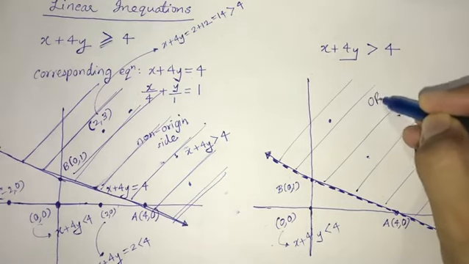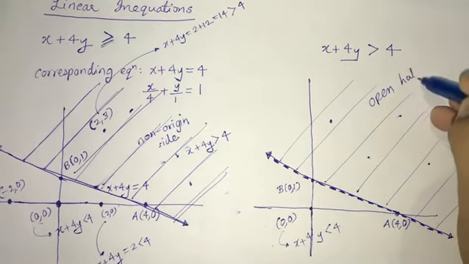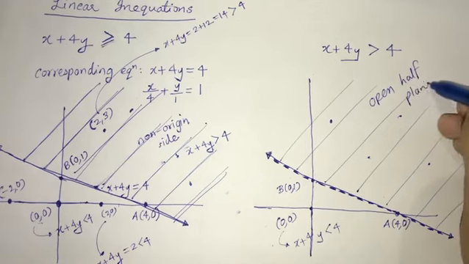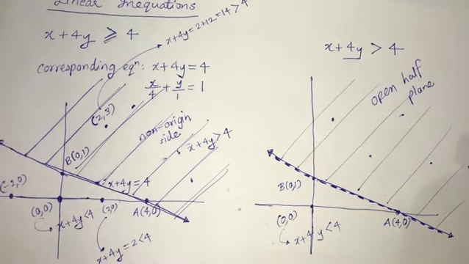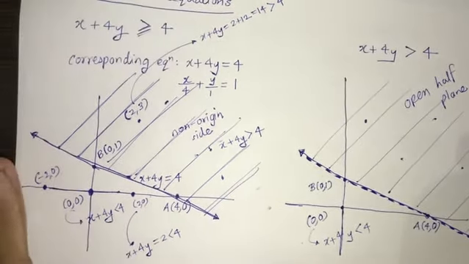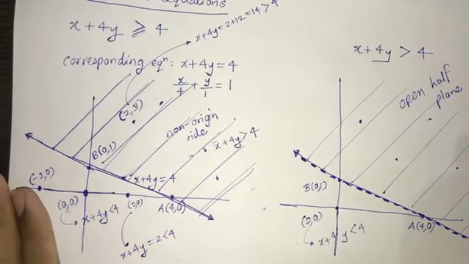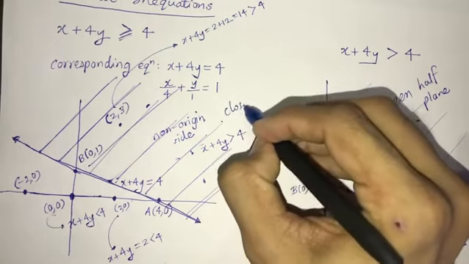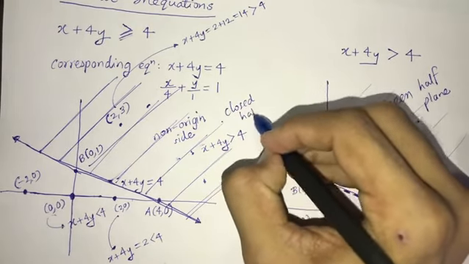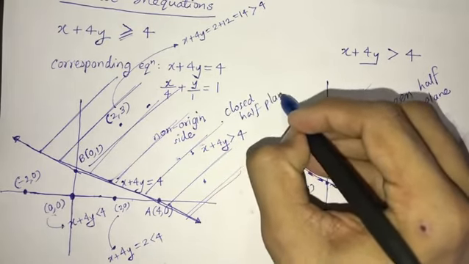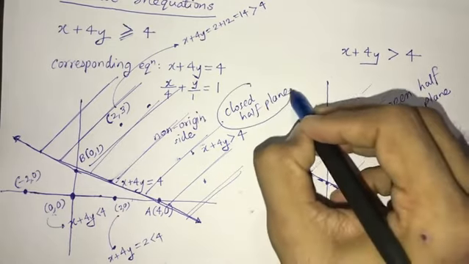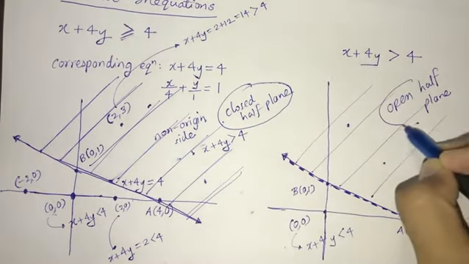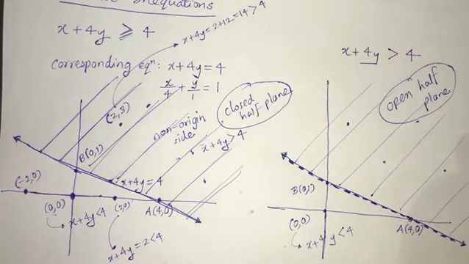So this type of half plane is called an open half plane. And the half plane where we are going to include the line is called a closed half plane. The half plane here is closed, and the half plane here is open.